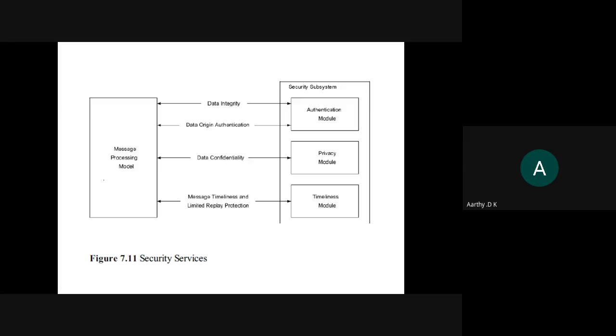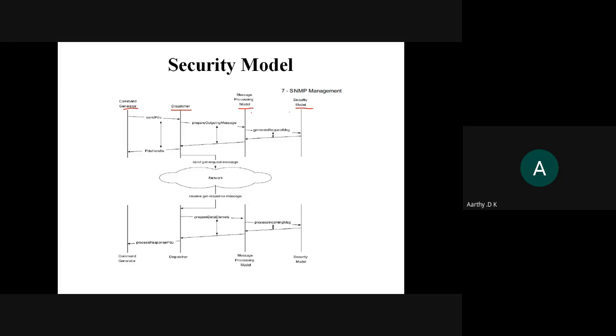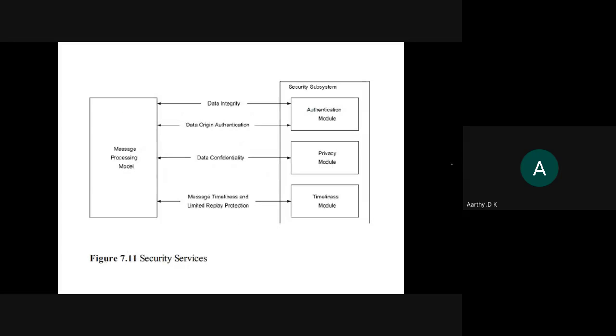So these kinds of security services are provided. When the message processing model and your security model communicate, you have a security subsystem available in your security model. The modules are the authentication module, privacy module, and timeliness module.